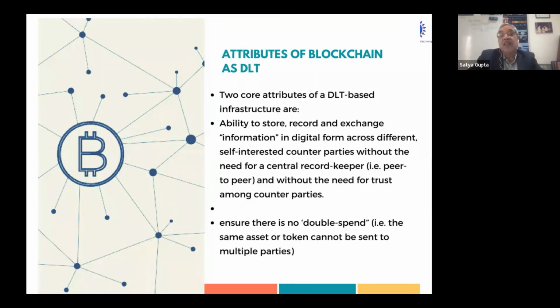This is without the need for a central record keeper. Again, I'm telling, no middleman is required, no central authority is required. It is peer-to-peer. And without the need for trust among counterparties. The other parties who are interacting or transacting with each other need not have any trust. That is also called zero trust. They don't know each other, no trust, but still it will be done through data. The blockchain will bring the trust part actually.